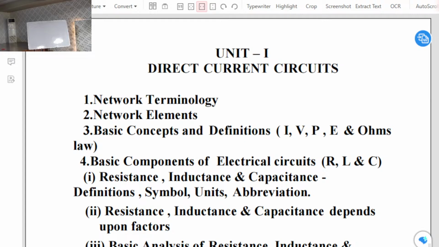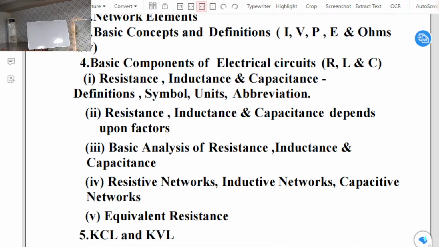Network terminology, network elements, concepts and definitions. What are the concepts and definitions? Current, voltage, power, energy, Ohm's law. We need to study these. The fourth one, we should know complete knowledge about resistance, inductance, capacitance.